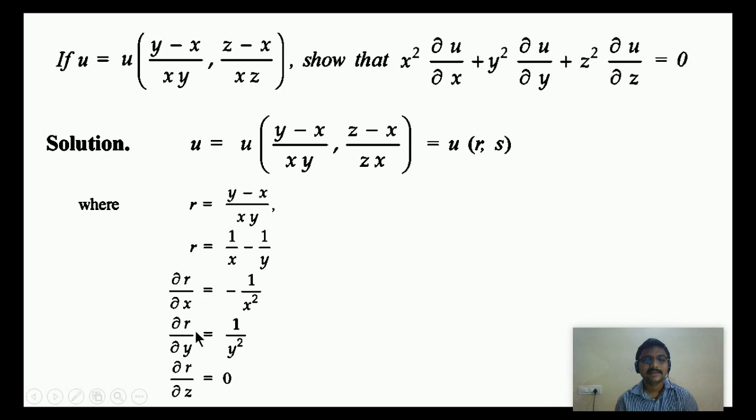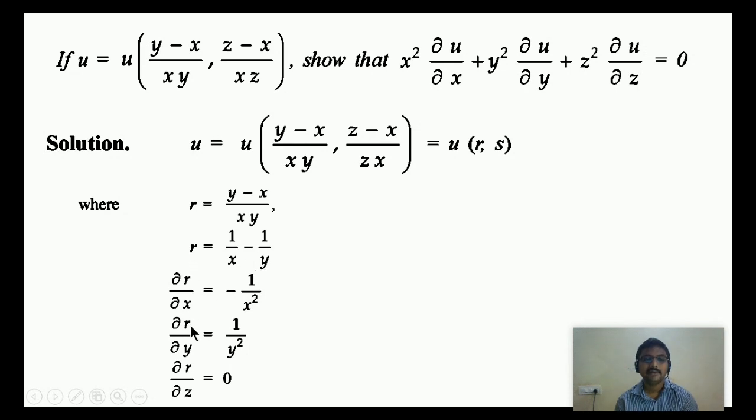To get these, we just have to simplify r. y by xy is 1 by x, minus x by xy is minus 1 by y. Now differentiating r partially with respect to x, keeping y as constant: 1 by x derivative is minus 1 by x square, minus 1 by y derivative 0.